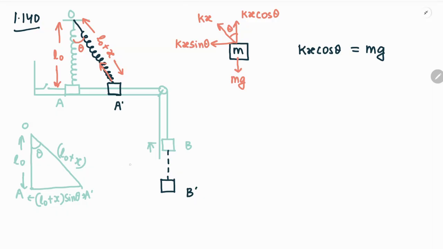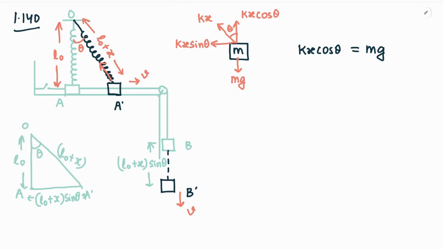As they are constrained to move together, this distance is also (L0 plus x) sin theta, and since both the blocks are connected by this common thread, at the time of breaking off the surface, if the block is having a velocity v, then the other block is also having a velocity v in the downward direction, that is, the magnitude of the speed is the same.